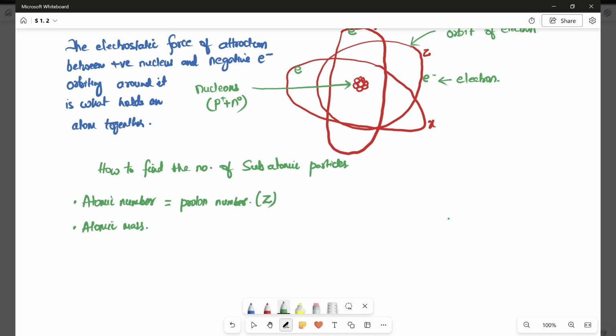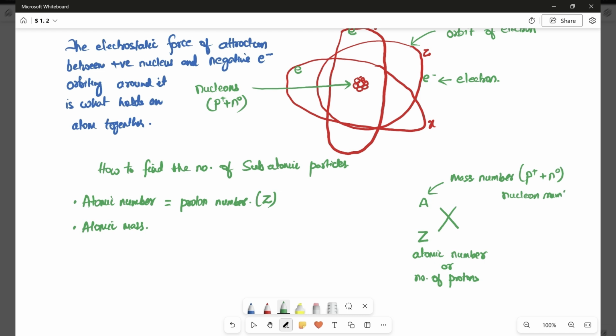So let's take an example. Let's say this is an atom, X atom. Something is written at the base, that Z is the atomic number, or you can say number of protons. Something is written at the top. This is the mass number. The mass number is the sum of protons and neutrons together, also called nucleon number, right?